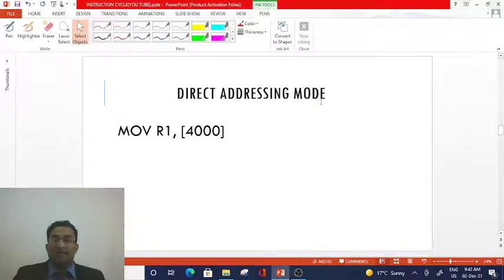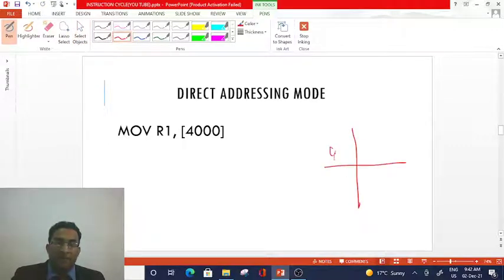Now second is direct addressing mode. So direct addressing mode means now the operand is present in the memory. Basically this instruction means there is some location 4000 in a memory, and on this location there is some data.